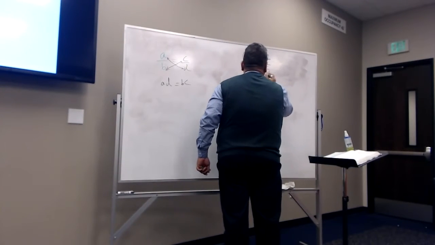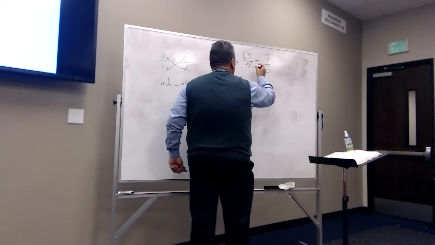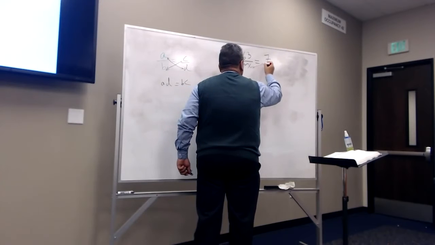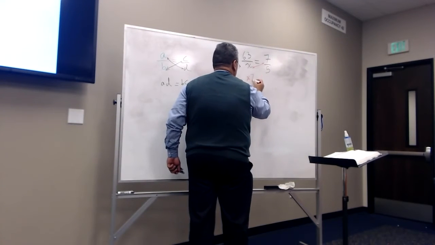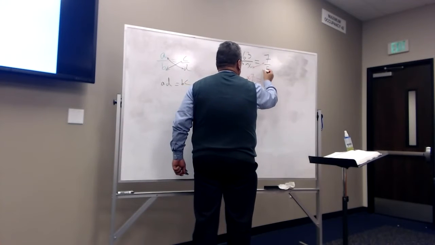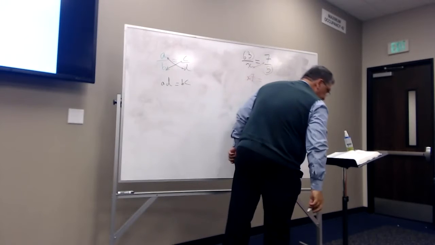And we want to solve this for the value of x. So what do we do? This times that, x times 7 is equal to 63 times 5, which is 315.